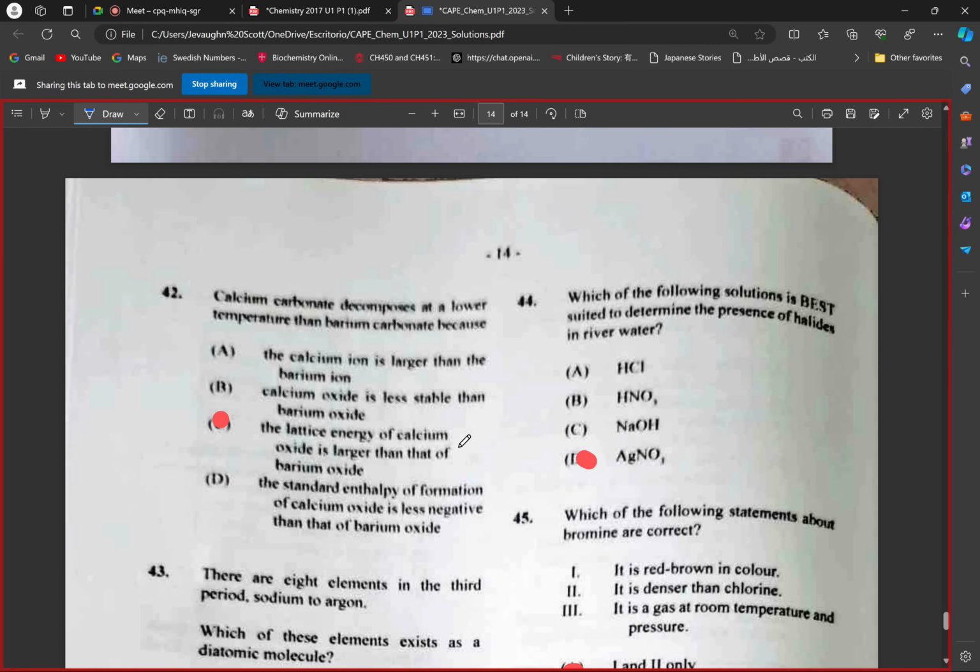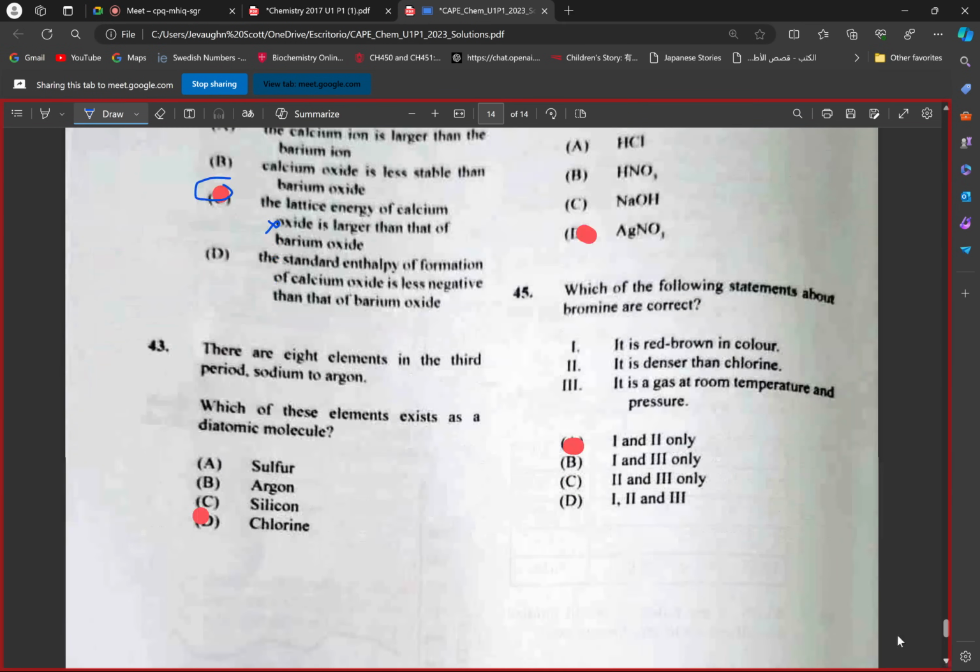What would that be? We know the greater the value of lattice energy, the greater the energy required to decompose the thing. So why would calcium carbonate have a greater lattice energy? Oh, the oxide. The oxide has a greater lattice energy. C is the answer.